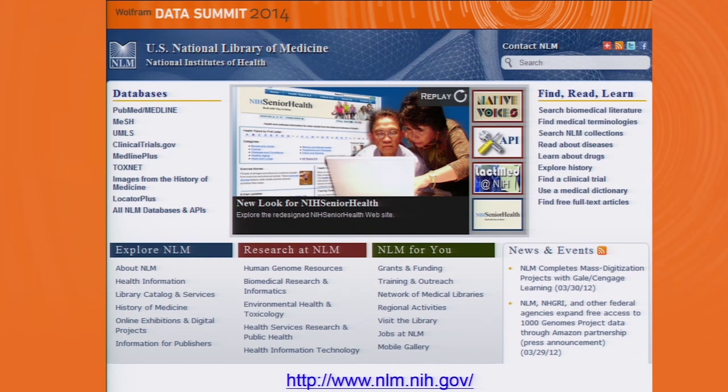So where I work is part of the U.S. National Library of Medicine, part of the National Institutes of Health. And it really has a broad mandate for providing information for you all, everything from consumer health type information all the way to aspects that I work on, which is research-based chemical information, chemical biology type data.